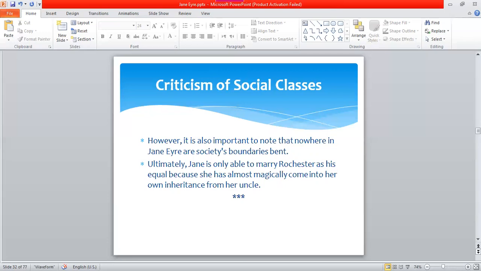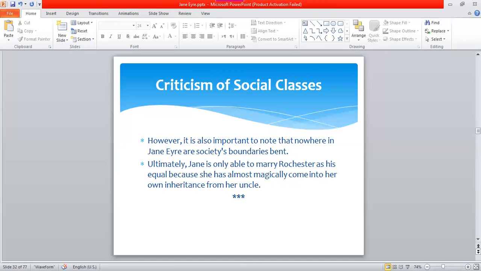Ultimately, Jane is only able to marry Rochester as his social equal because she has almost magically come into her own inheritance from her dead uncle.